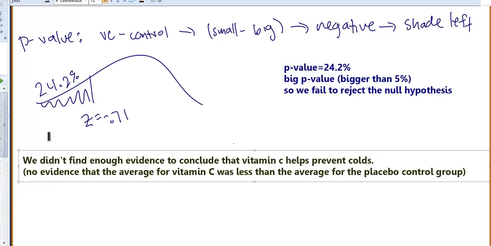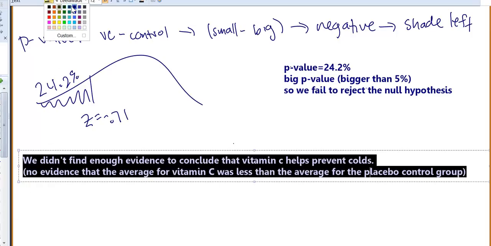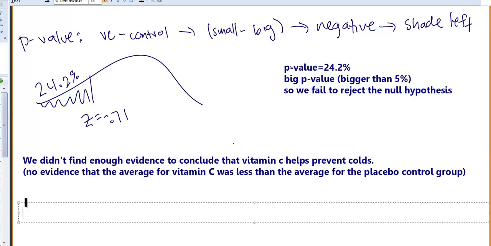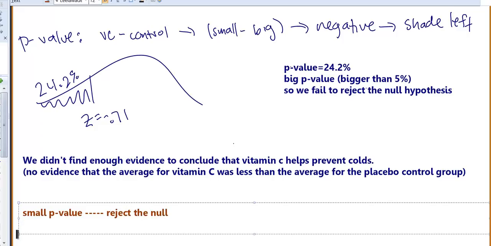So let's just remind ourselves about what the big and small p-values mean. So when we get a small p-value, that means reject the null, because the null wasn't plausible.